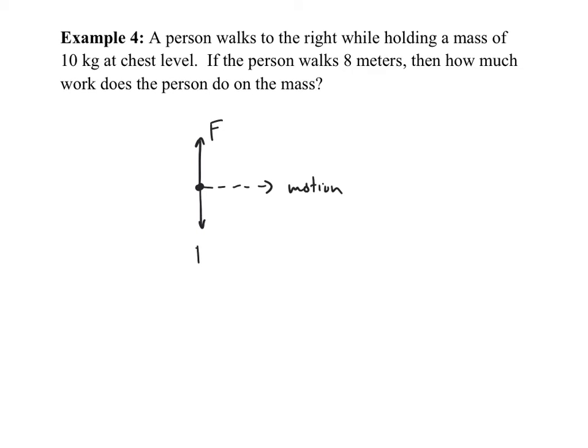I know gravity pulls down, that's balancing it. But again, the work done equals F times D times the cosine of theta. And theta is 90 degrees. And that becomes 0. So the work done is 0. Again, I don't care what F actually is.